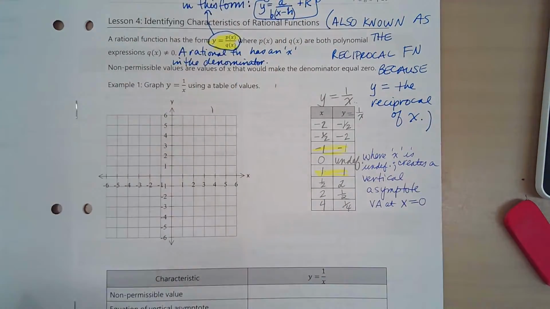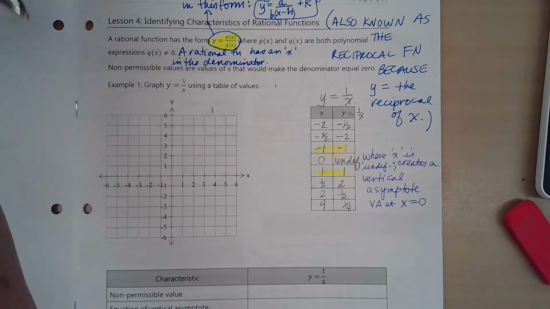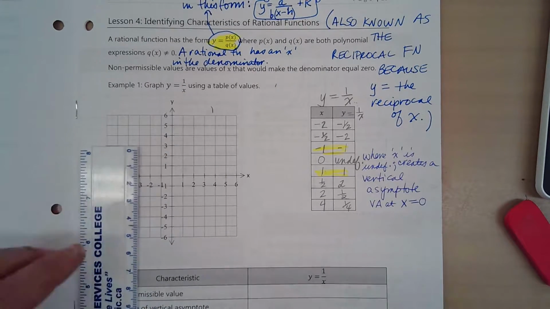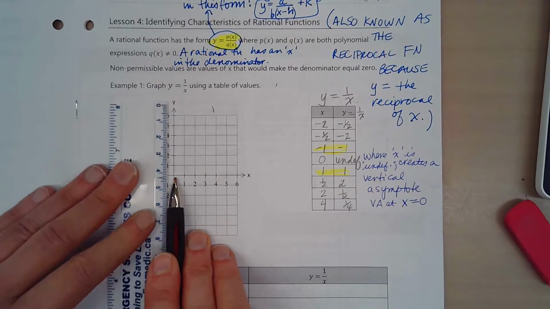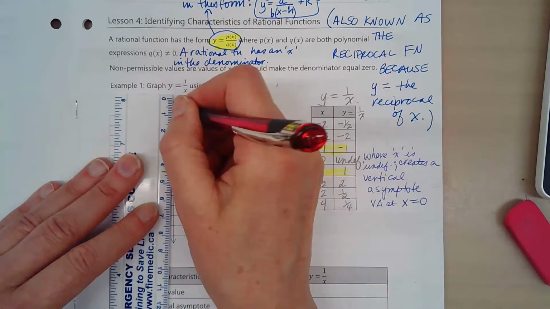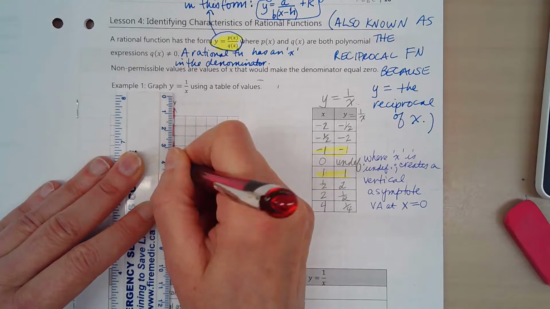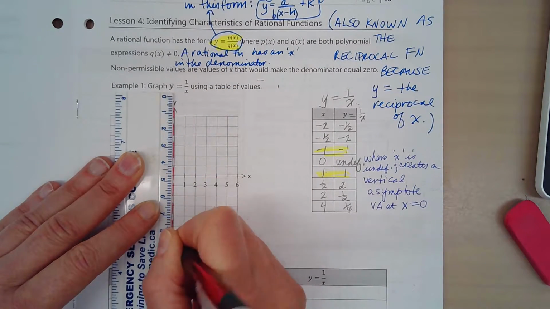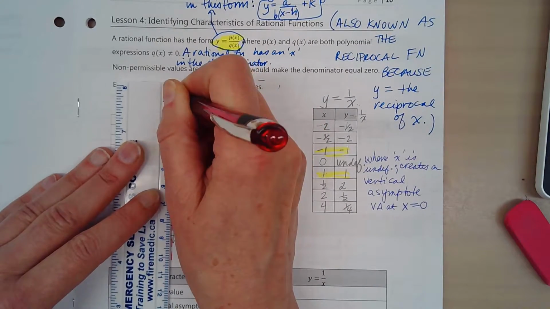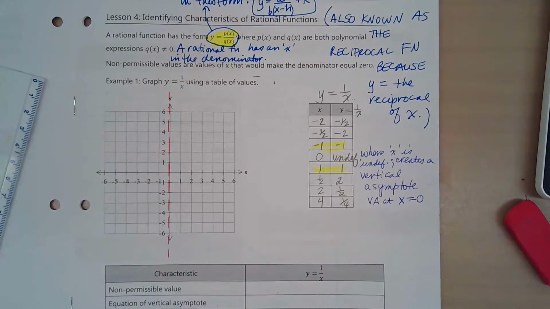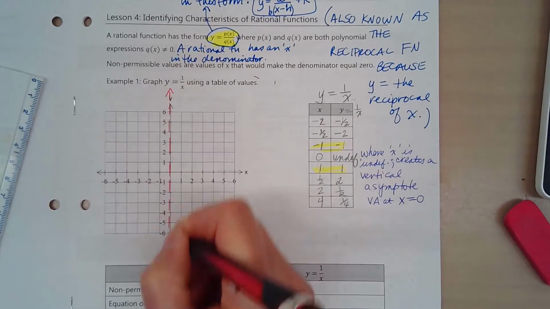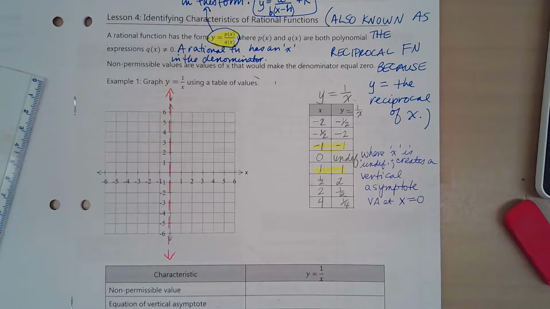So asymptotes, if you've had some experience with asymptotes, how we indicate them in a graph in math class is, it was traditional to use a red pen, I don't know why, but you can use a pencil. So wherever x is, here's where x is equal to 0, right? So I create this, and asymptotes are created using dotted lines. That's the one must. You can use a pencil or a pen, but it has to be a dotted line. It's a line, so I'm going to put arrowheads indicating it goes on forever and ever.